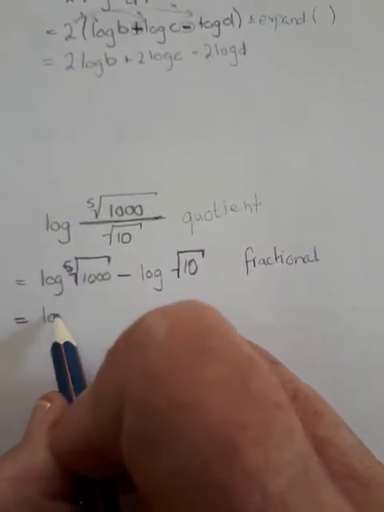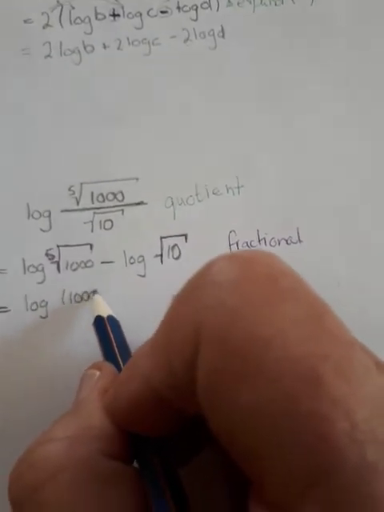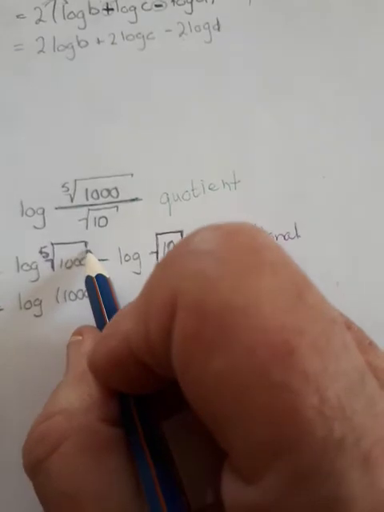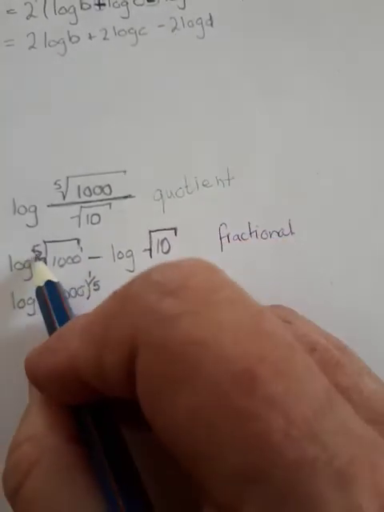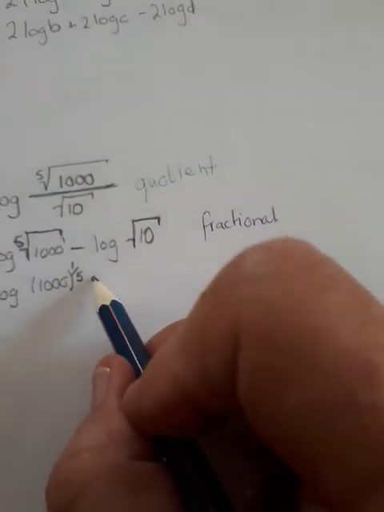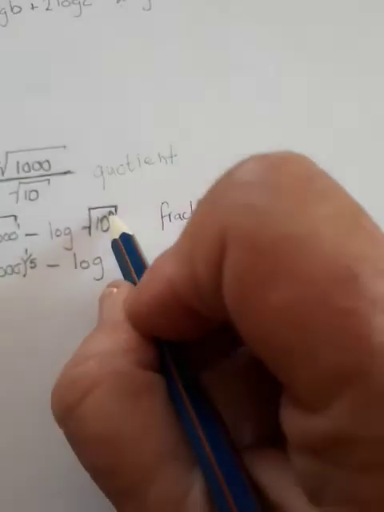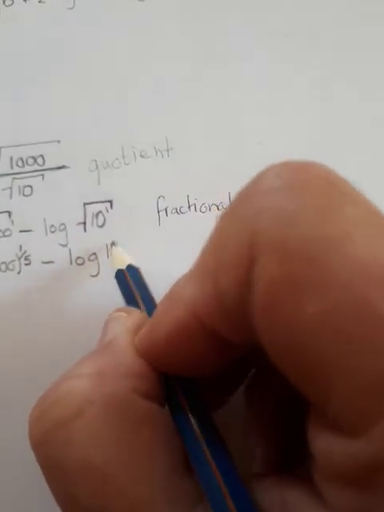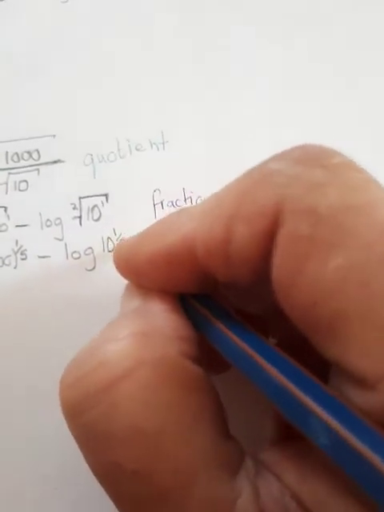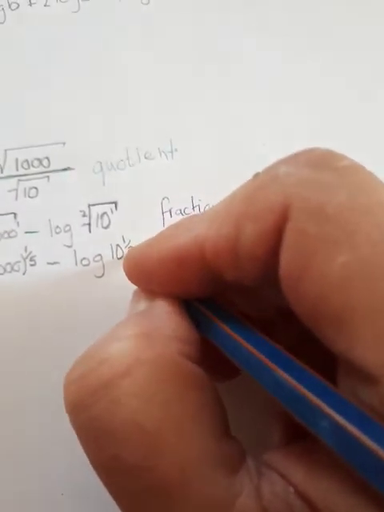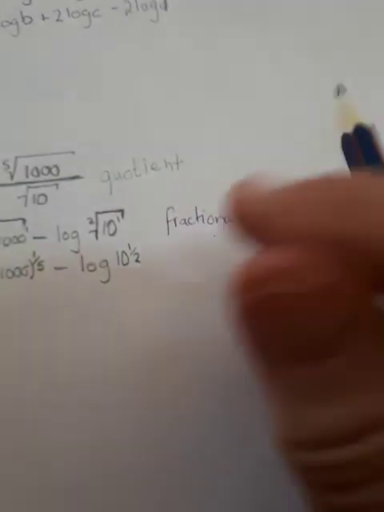That becomes log of 1000 to the power of, remember this is 1, and you then simply divide by the 5th root, the 5, minus the log of 10 to the power of 1, and we are simply going to divide the index by 2, which is the root. That is the fractional indices law.